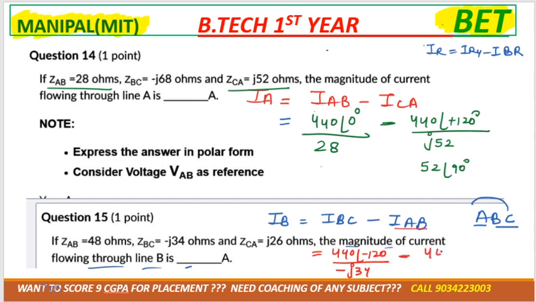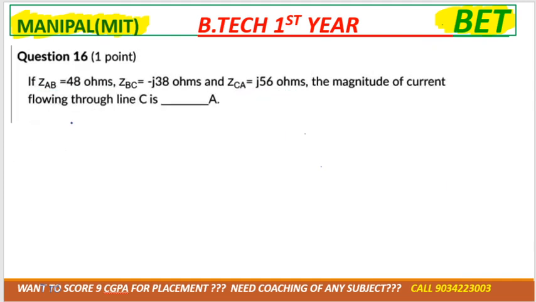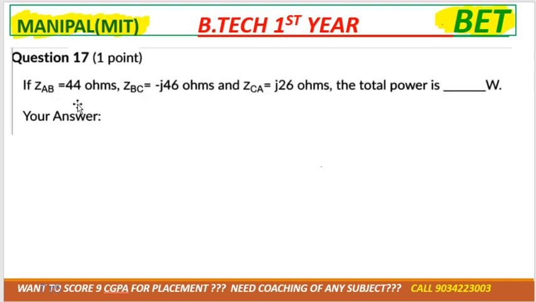IAB is 440 angle 0 degree divided by ZAB, that is 48. Got it? Now similarly, tell me, what would be the formula for IC? See, in this case we need to calculate total power, right? So total power is PAB plus PBC plus PCA. Yes or no?